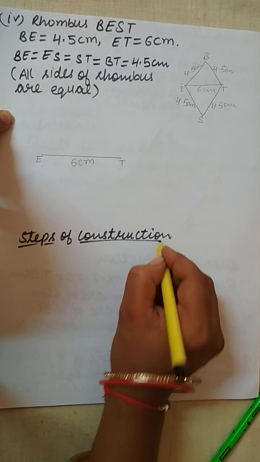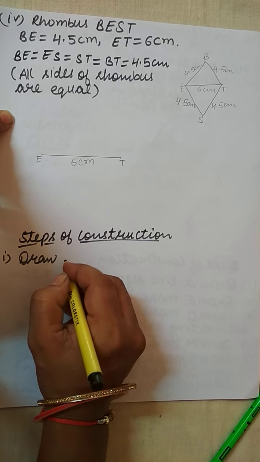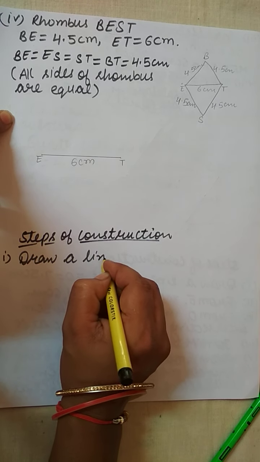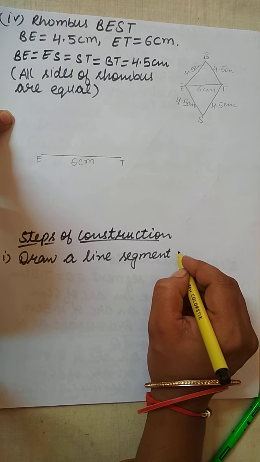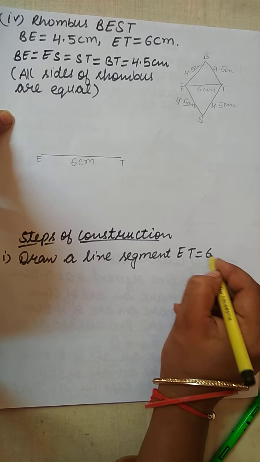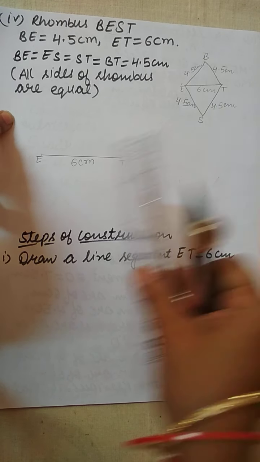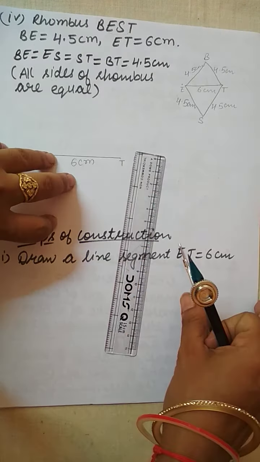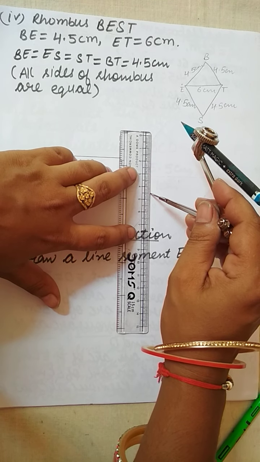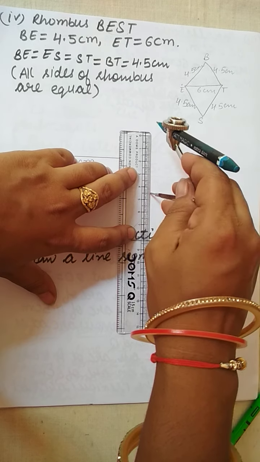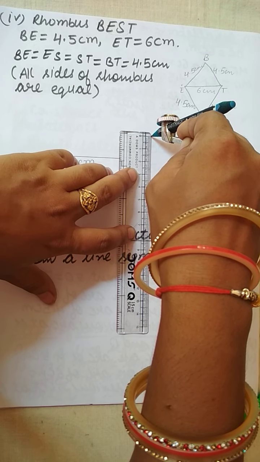First step is to draw a line segment ET is equal to 6 centimeter. Now from E mark an arc of 4.5 centimeter.